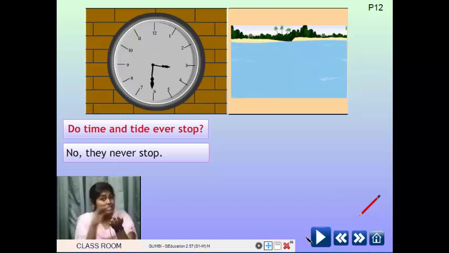Your options are: A, truth; B, only policy; C, sincere policy; D, best policy. I'm going to repeat the options, children. For option A, truth, B, only policy, C, sincere policy, and D, best policy.